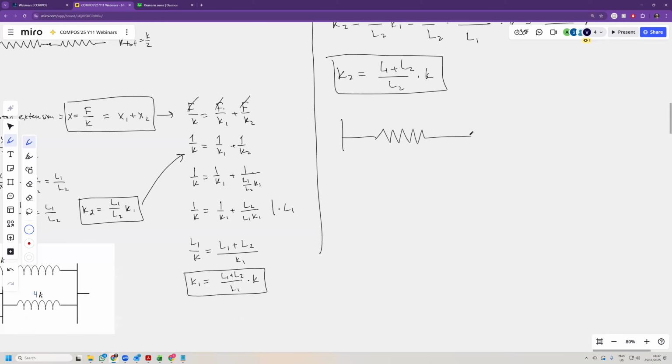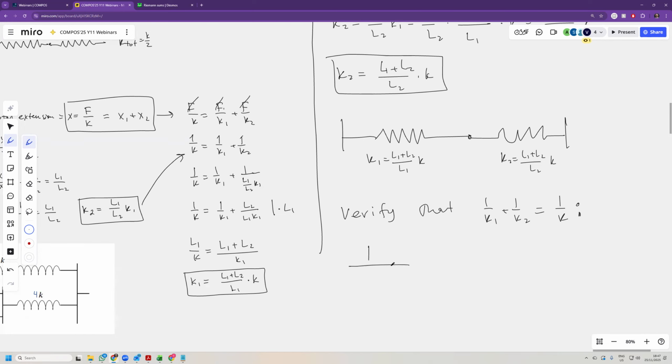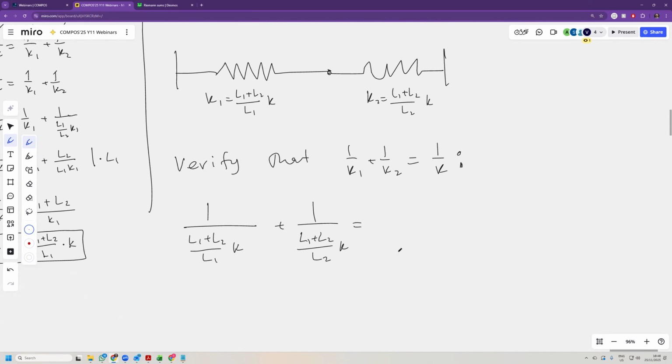So we have K1 is L1 plus L2 over L1 times K, and K2 is L1 plus L2 over L2 times K. Now let's verify that 1 over K1 plus 1 over K2 is 1 over K. So 1 over (L1 plus L2 over L1 K) plus 1 over (L1 plus L2 over L2 K) is, okay, L1 goes on top.